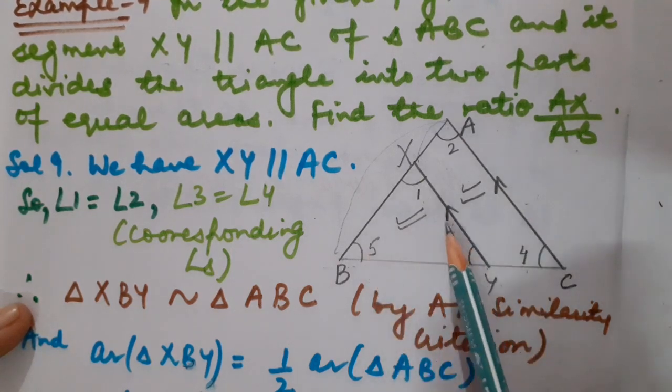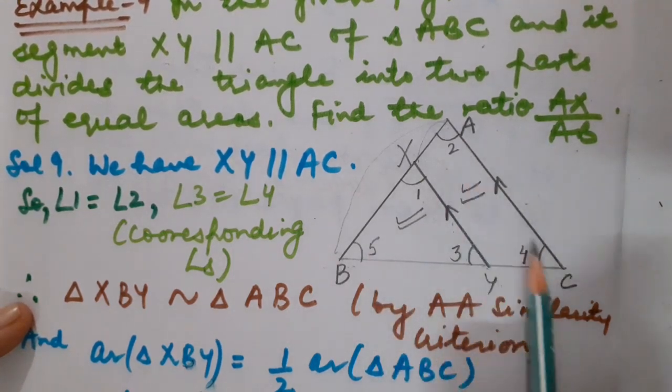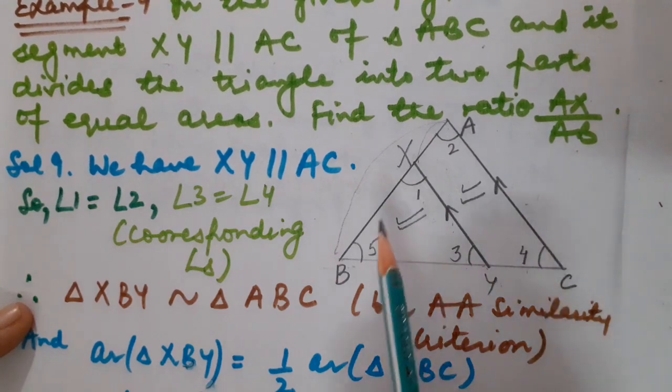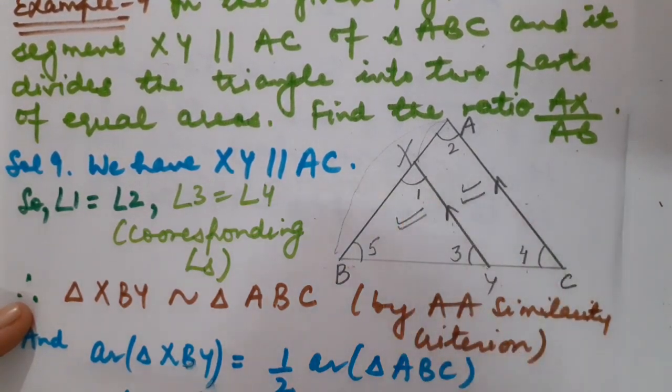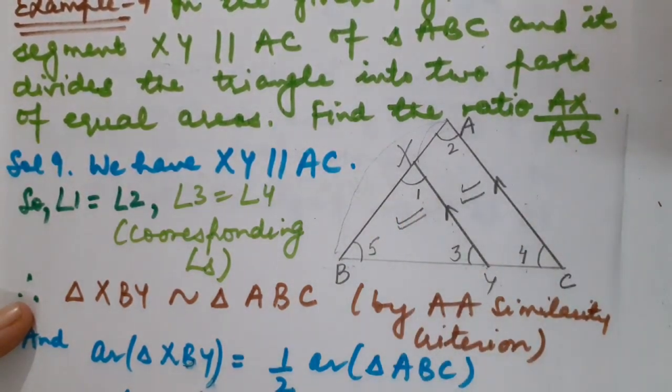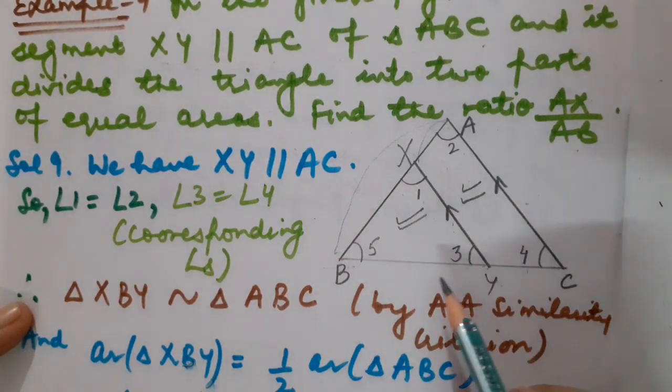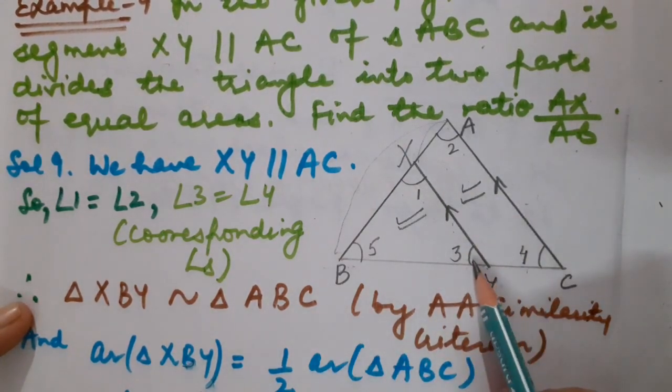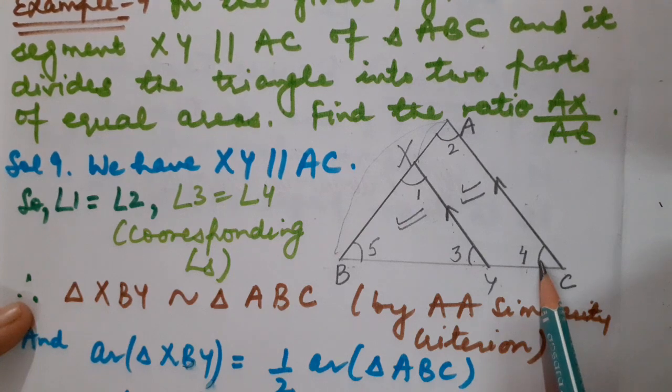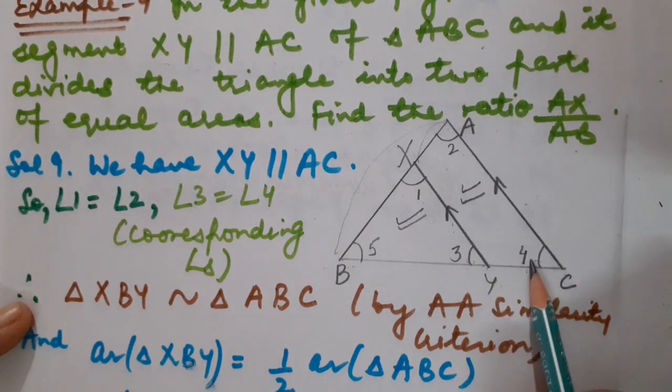Now side XY is parallel to AC. So can I say that angle 1 is equal to angle 2? Why? Because they both are corresponding angles. Angle 3 is equal to angle 4. They are also corresponding angles.